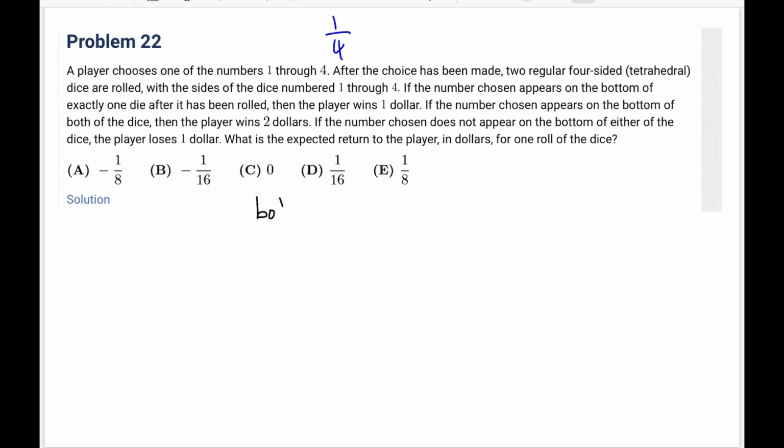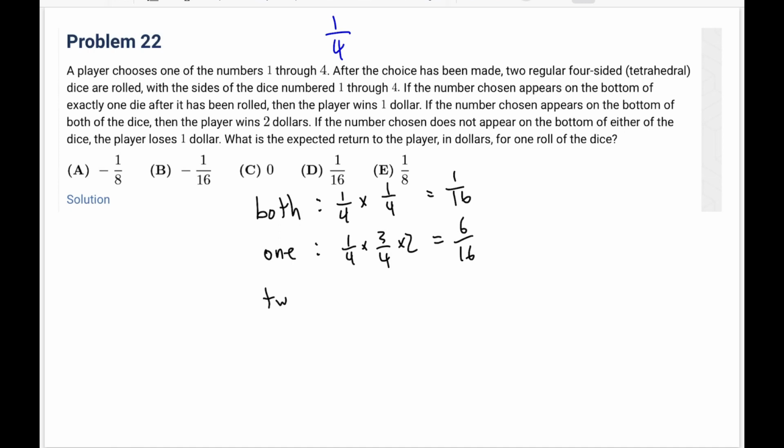So if it's on both, then it's 1/4 times 1/4. This is 1 over 16. And for exactly one, this is 1 over 4 times 3 over 4, and since the order can be flipped, this is 2 times 3, so it's 6 over 16.